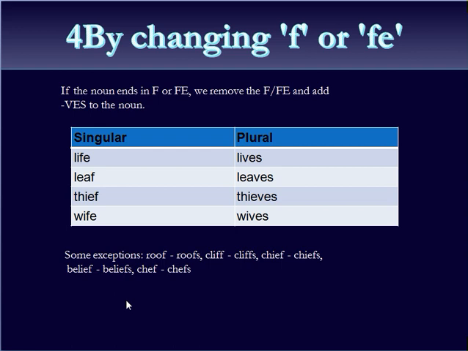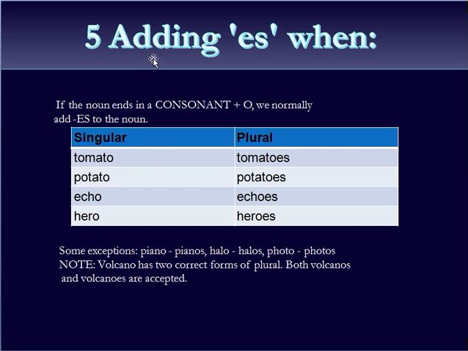Okay, let's move on to the next point now. The next point is by adding ES when. We have already studied that we add ES at the end of some nouns to make them plural. Here again, we are repeating this. If the noun ends in a consonant plus O, we normally add ES to the noun.